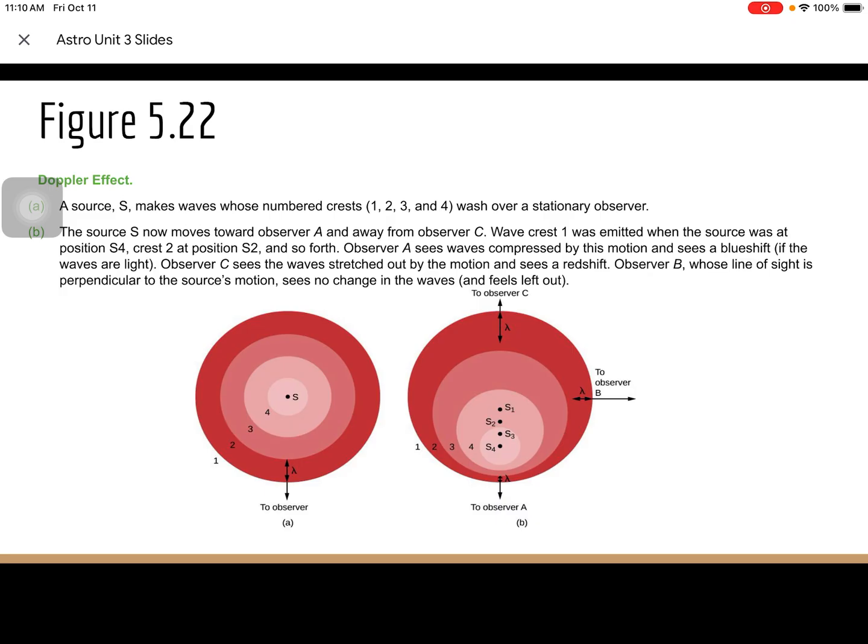But if we're looking at B, depending on which observer you're dealing with, they're going to view it at a different wavelength because of the distance it has to travel. So if you're looking at observer A, those wavelengths are going to be a lot shorter, and so you're going to see a more blue shift. If you're looking at observer C at the very top, that's going to be considered a red shift because as wavelength spreads out, it's going to take longer for those wavelengths to get to you.